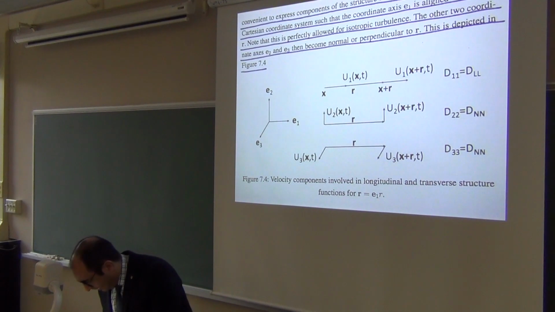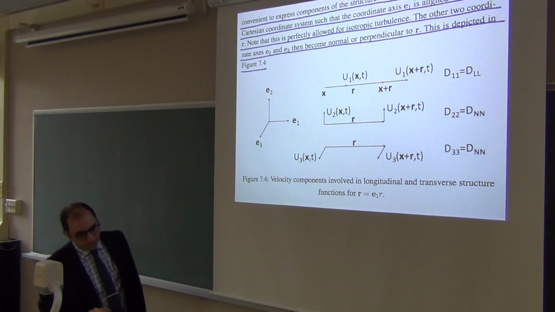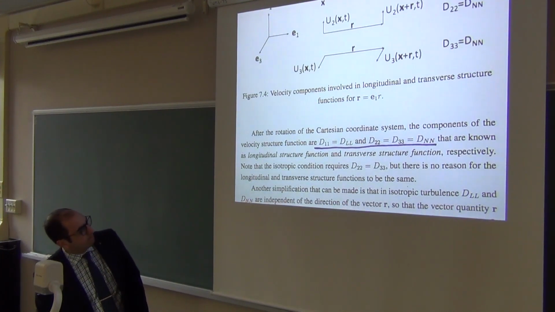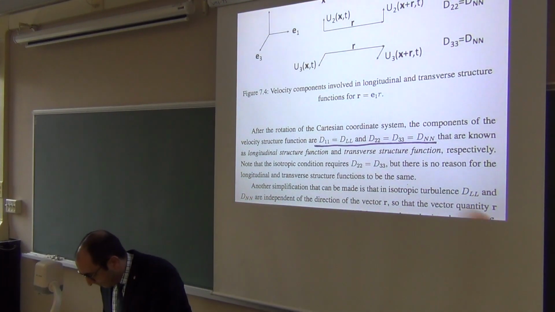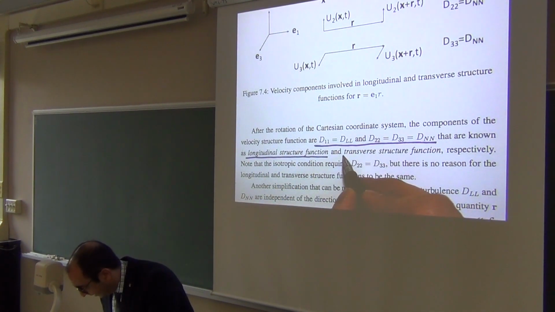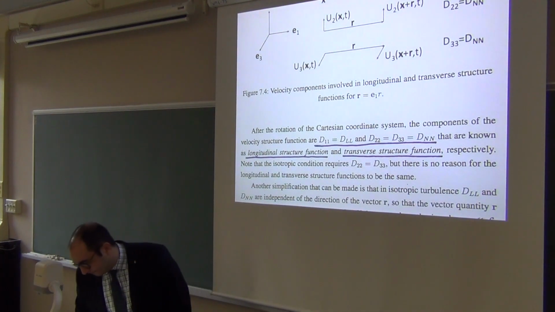Again, the transverse ones should be the same. So D22 and D33 should be the same. The longitudinal is D1 or DLL. Transverse is D22, D33, or DNN.